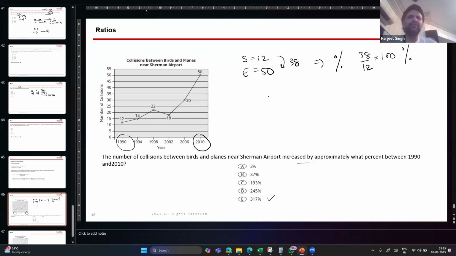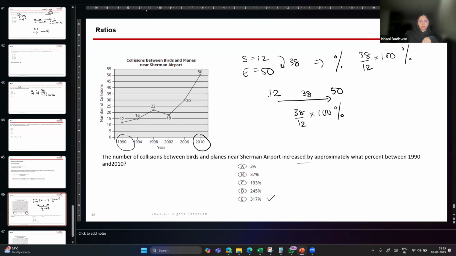This is how I write it. 12 is the starting point, the ending point is 50, the increment is 38. So the percentage increase will be 38 by 12 into 100. That will be your percentage. Got it? Again, no need to solve and waste 2-3 more seconds.